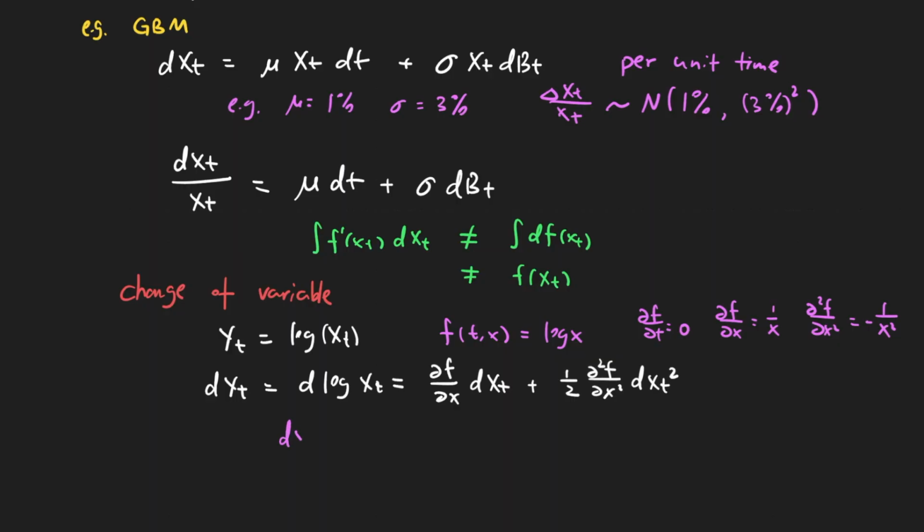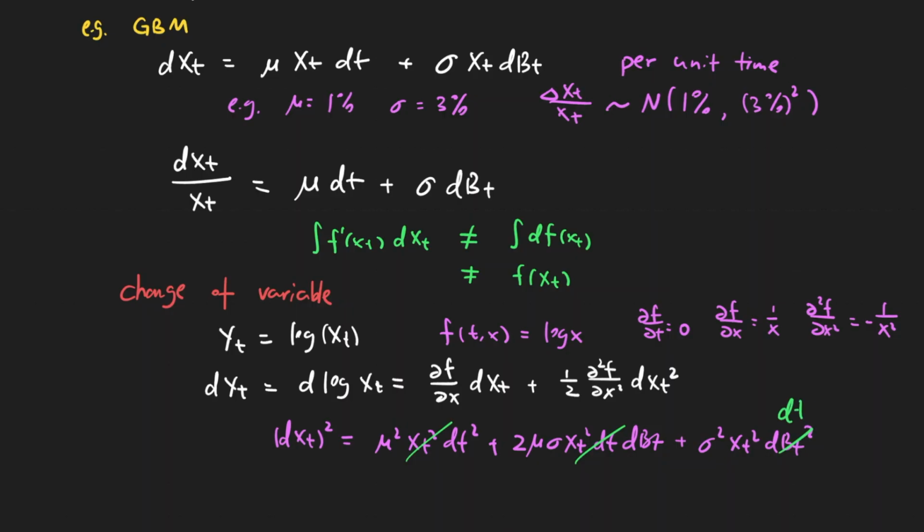And for the square of the differential, if we expand it, we'll have mu squared xt squared times dt squared, plus 2 times mu sigma xt squared dt times dbt, plus sigma squared xt squared dbt squared. The first two terms are not going to survive, and for the third term, we can replace dbt squared with dt. Now we can plug everything into this equation.